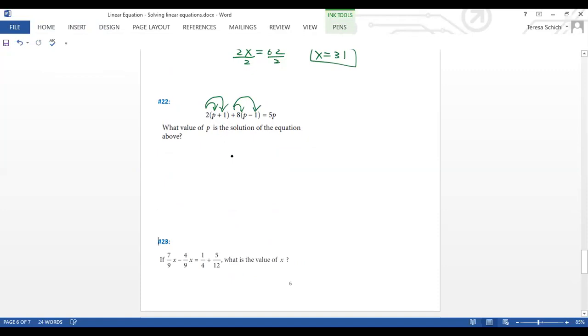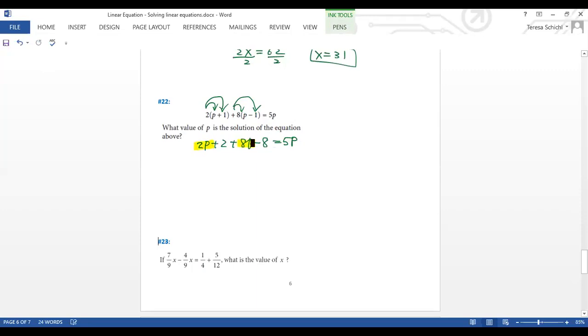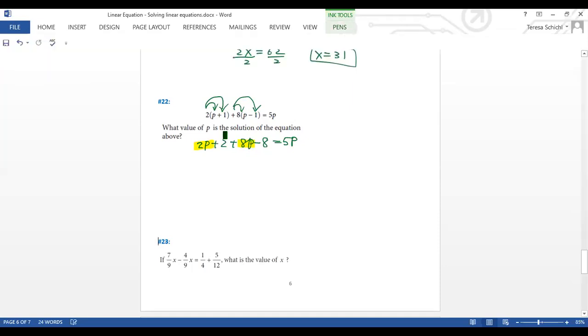So this is 2p plus 2 plus 8p, minus 8. Remember, the negative needs to go all the way through, right? Now on the left-hand side, I need to combine the p's and combine the constants.